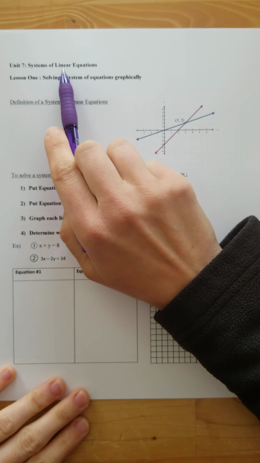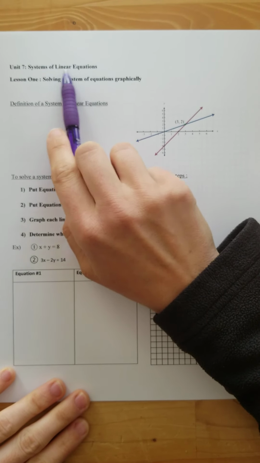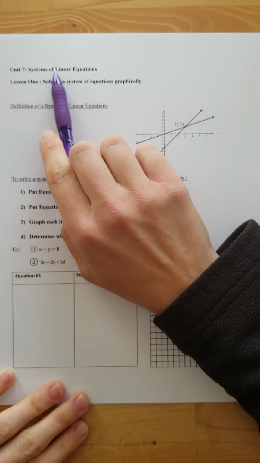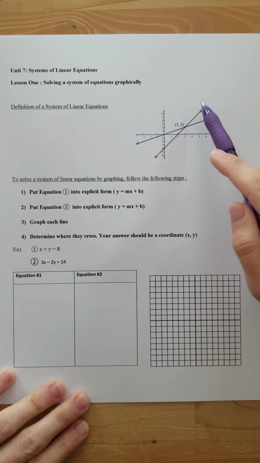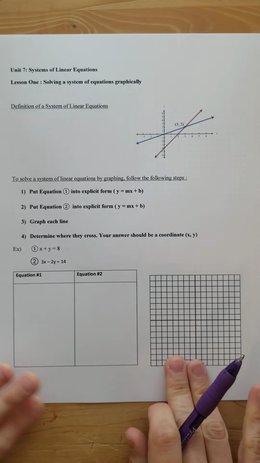So for the past couple of units, we've talked about linear equations being just the graph of a straight line, okay? When we're talking about systems of linear equations, that just means there's going to be two of them on the same graph, okay?